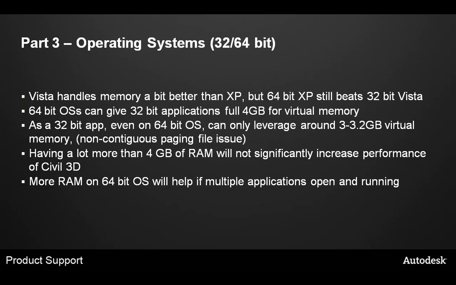Because with those other applications running as well, they're not going to be sharing 4 gigs, but maybe they're sharing 8 or 12 gigs or something like that. So you will find better overall performance. I'm just saying within the performance of Civil 3D itself, you won't see a great gain beyond that 4 gigabytes.